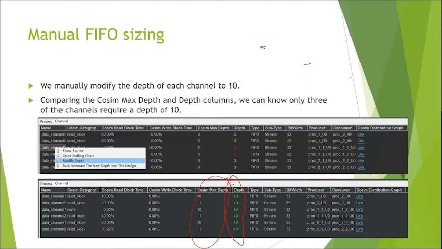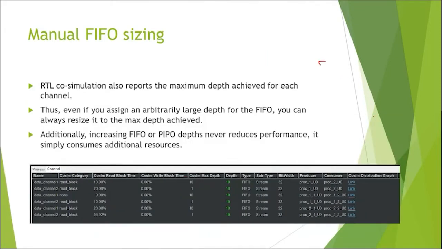On some of them it only requires 1, and some of them require 10. So also you can see, as I told you, the data channel 1 in the first process needs 10, but in the second case it only needs 1.